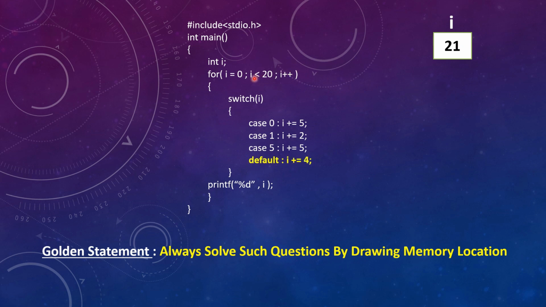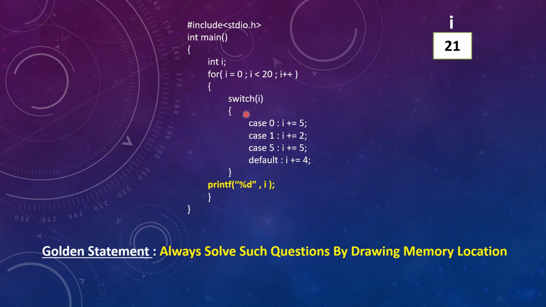Now we check whether 17 is less than 20. Yes, it is less than 20. So we come here, switch 17. As we know, we don't have any case for 17, so we run the default block. The control comes here, and 17 will be incremented by 4. It will become 21.